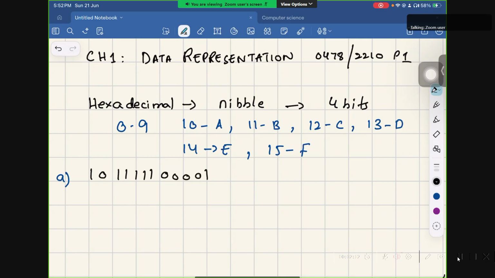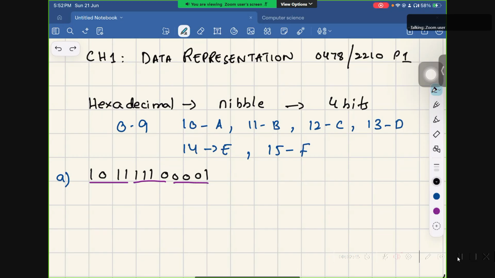Because it uses a nibble, we are going to split all these binary digits into 4 bits, starting from the right side. 4 bits, then 4 bits, and then 4 bits.